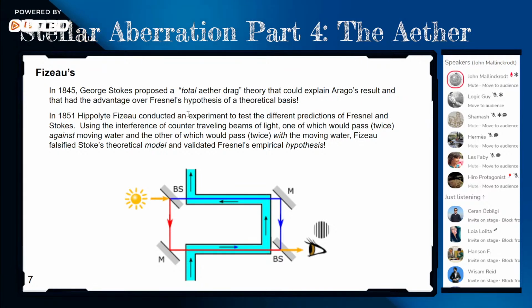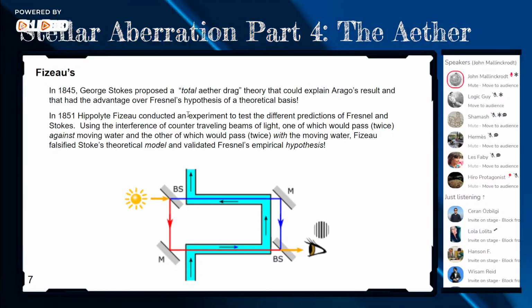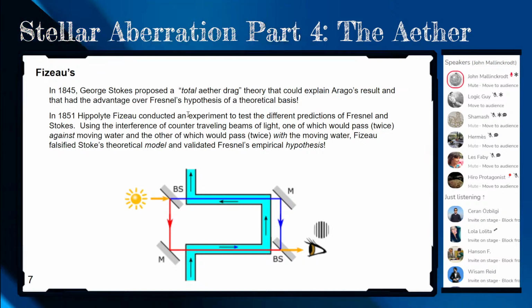So in 1851, Fizeau conducted an experiment to test the different predictions of Fresnel and Stokes in this particular case. He used an early interferometer of the type that would be used by Michelson and Morley later on.